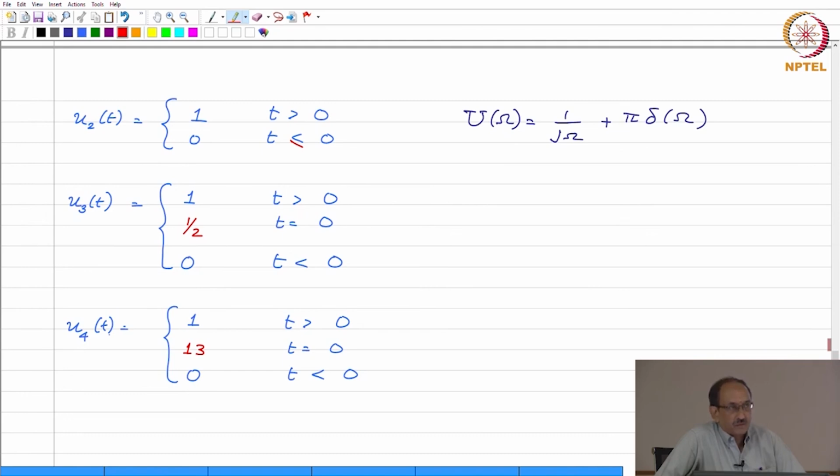To the average value, right. So, this is no different from what is going to happen with the Fourier transform, alright. So, when you take the inverse Fourier transform of this, because t equal to 0 is a point of discontinuity, what you will get is u3 of t, okay.